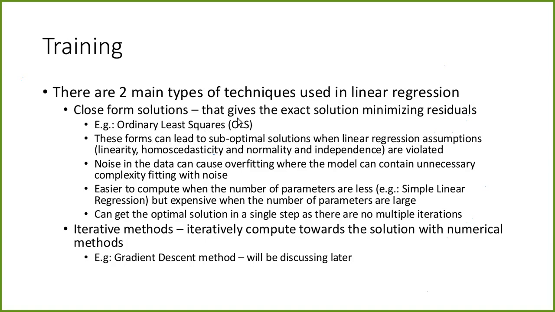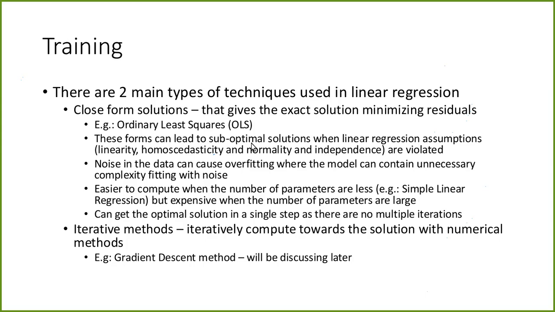Even before you apply this kind of closed form solution, you have to make sure that the assumptions, the linearity, homoscedasticity, normality, and the independence requirements are satisfied. Otherwise, this solution would be suboptimal.